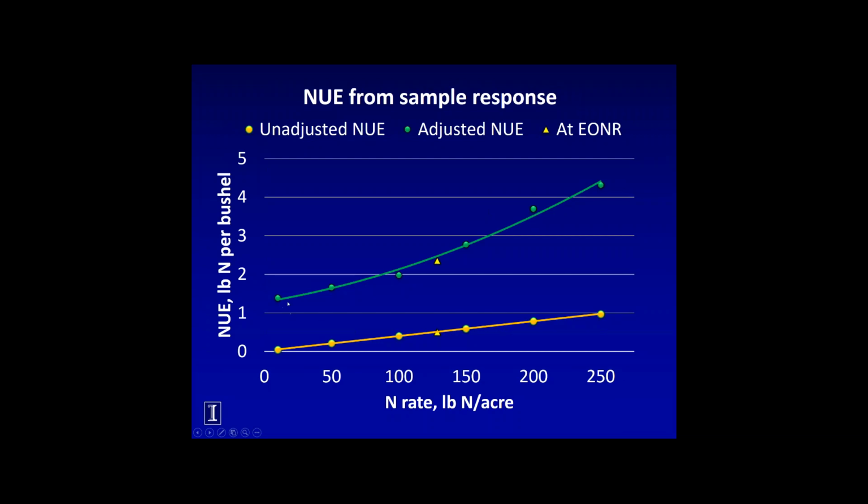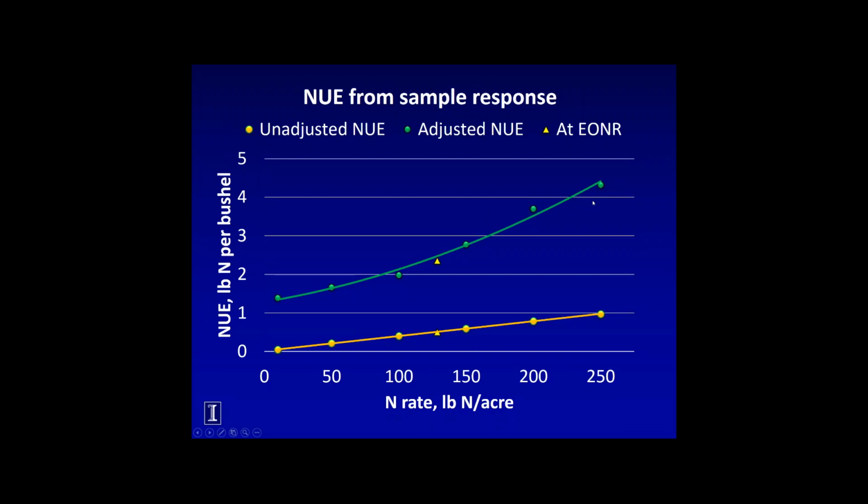When you look at the adjusted one, this one is the one now that subtracts out the yield and the nitrogen contributed by the soil, so the yield without nitrogen, and then the picture looks very different. Now you see it starts at a level that wouldn't catch anybody's attention, and it goes up, you know, from above 1 to up above 4 as we continue to put nitrogen on.